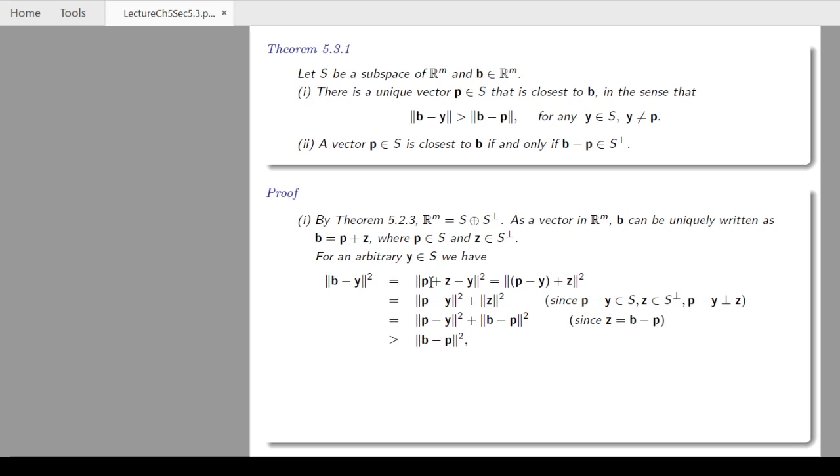We write this as P minus Y and then plus Z. Because P belongs to S, Y belongs to S, then P minus Y also belongs to S because S is a subspace. And Z belongs to the orthogonal complement of S.